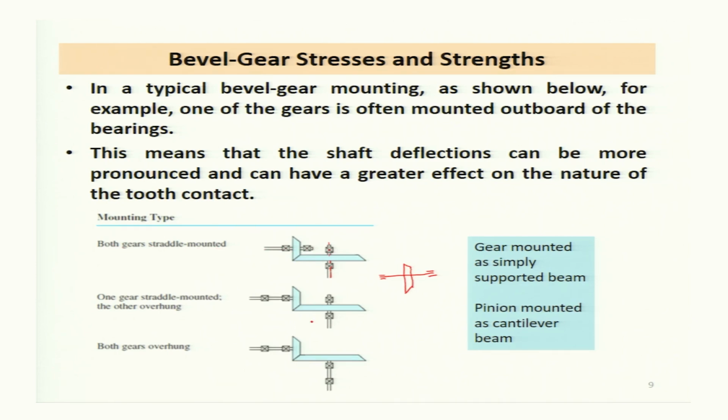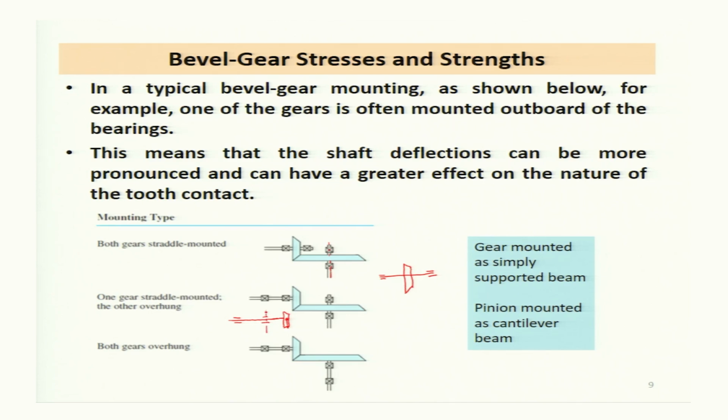But in some of the cases, the shaft may be supported like a cantilever beam. So, here we have a shaft and it is supported at this point and this point, and the gear is mounted here. So, the forces will act at this point due to transmission of load, and the radial force will act just like a cantilever beam type of arrangement.